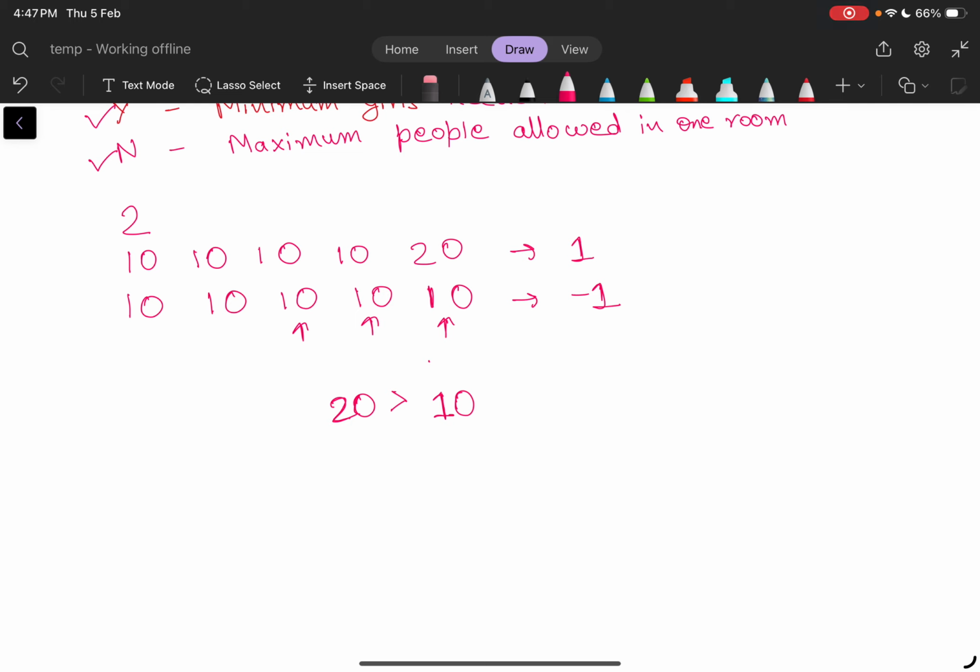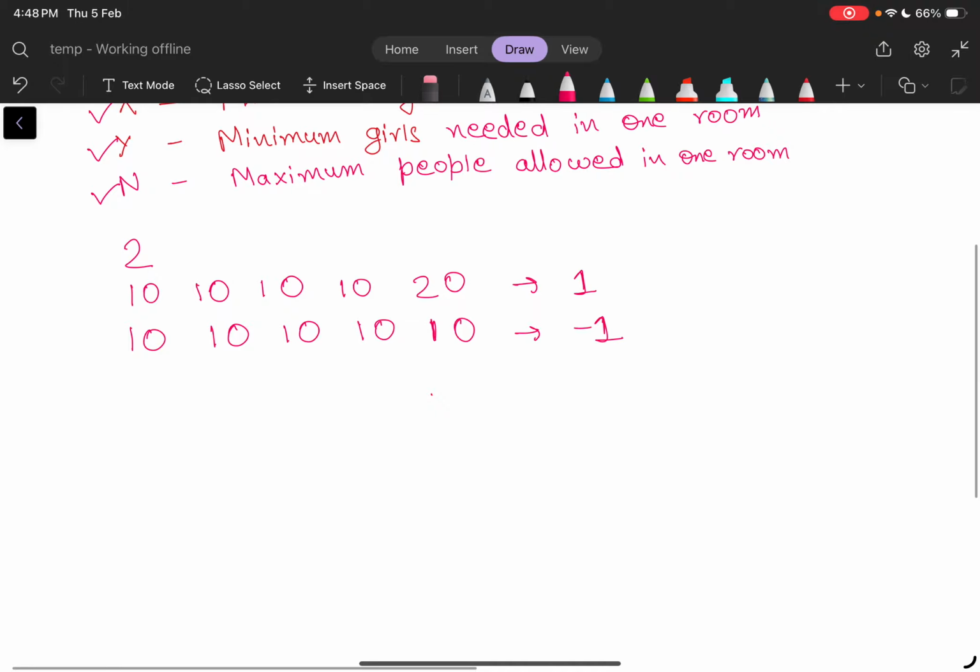If this is clear, let us go with the approach. Coming to the approach part, first we will try to get the minimum number of rooms required.